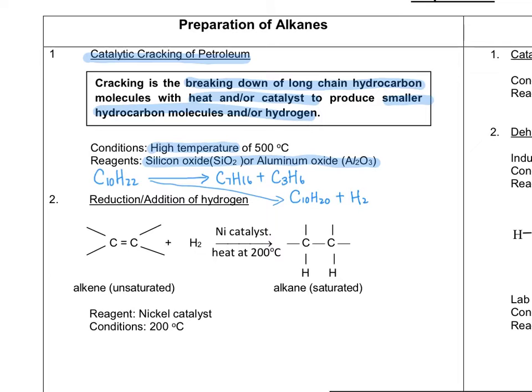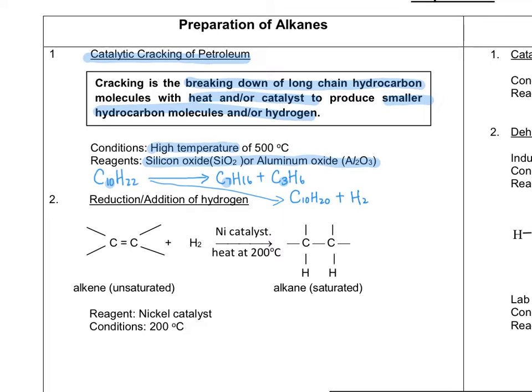So you may wonder, how do I know which are the products that will be produced? Most of the time in the exam questions, you will be given information so that you can write down the equation. The key thing is the law of conservation applies, which means if there are 10 carbon here, the total number of carbon before and after must be the same.